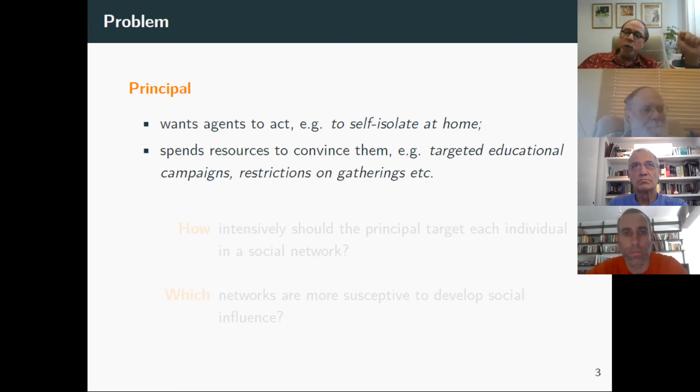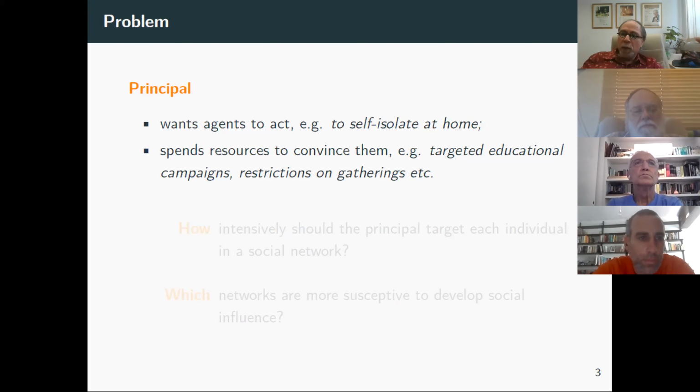Now, bribing doesn't have to mean that he transfers you money or a good or a benefit. Bribing could be interpreted as investing in an advertising campaign, okay? And the idea is the more he advertises and customizes his advertising to one agent, the more likely it is that this agent is going to take the action.